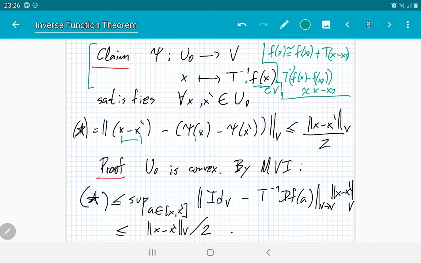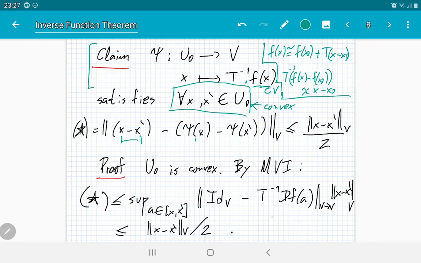So I need to prove something about values of a function, some kind of Lipschitz property for the values of a function, not f, psi. So I need to control psi minus identity over u0, and I need to do that knowing that u0 is convex.